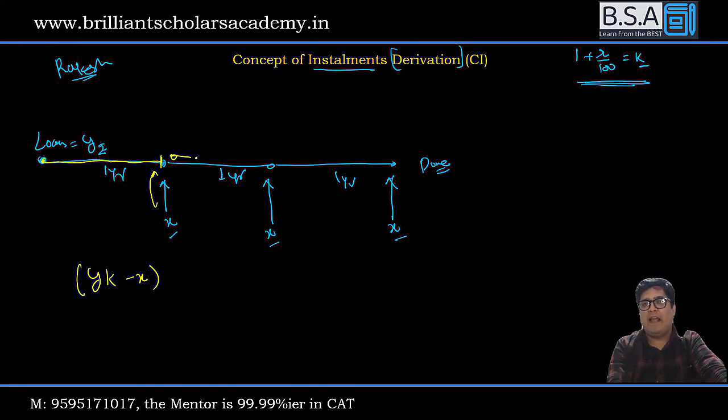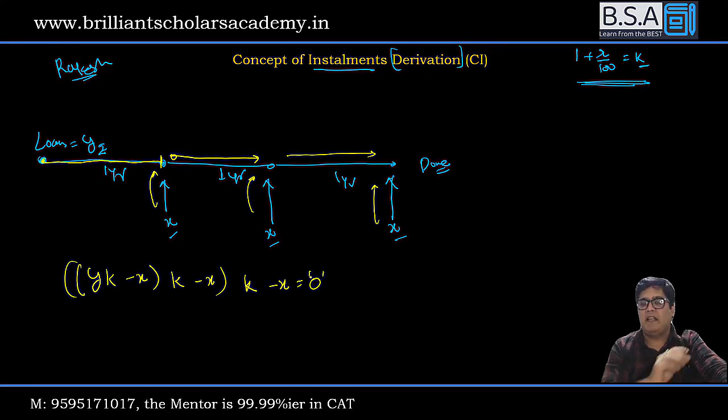Now this will carry on for 1 year, so it will again increase by K. Somebody makes a payment X, so decrease by X. This goes on for 1 more year, so into K, and somebody makes a payment and we say done. That means there is no more loan to be paid.